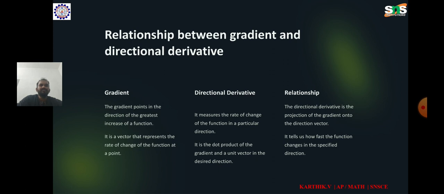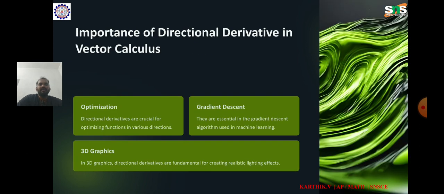Next, applications of directional derivative in real life scenarios. First, agricultural slope monitoring. Directional derivatives can be used to assess the rate of change of soil elevation along different directions on agricultural slopes.